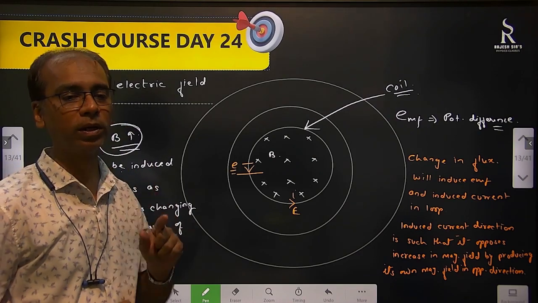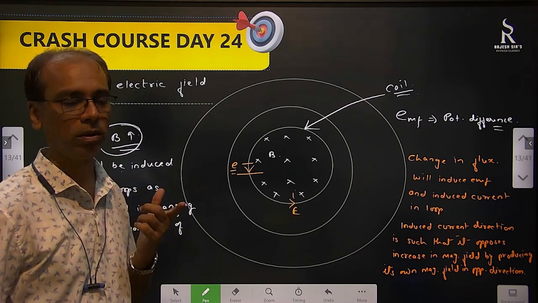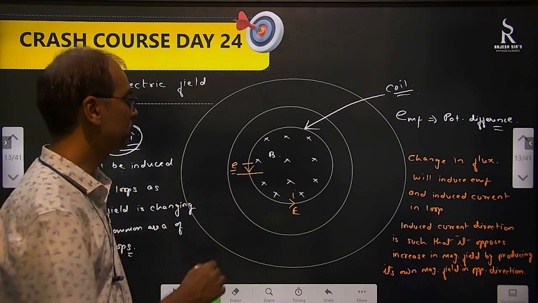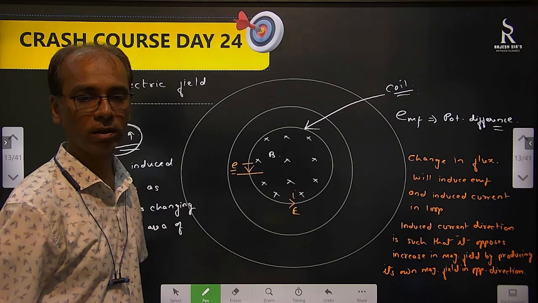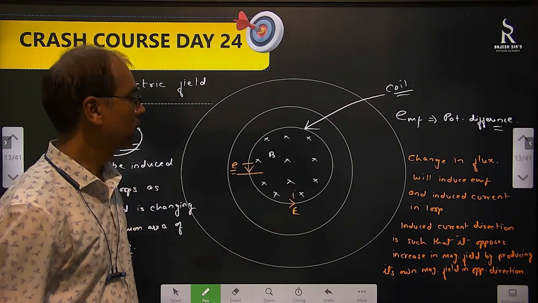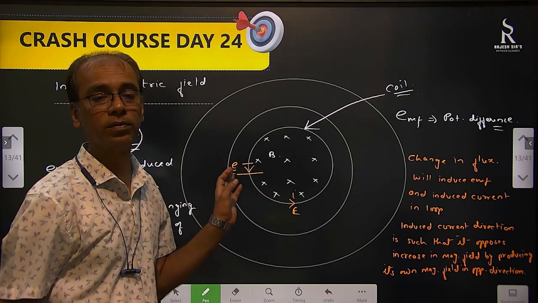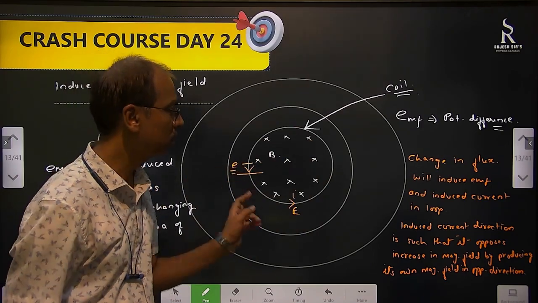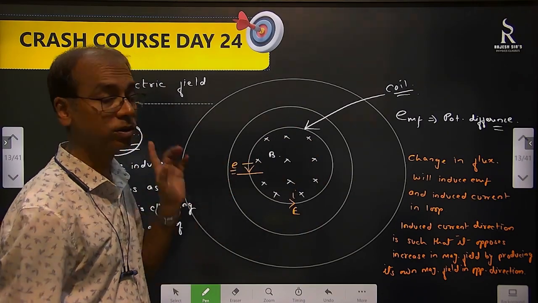In a loop, the work done by the electrostatic force is zero because the displacement is zero. Here it's not, because if an electron is moving from here to here, it has done the work Q delta V, where delta V is actually E here. So the work done is QE. It's not zero, whereas in the electrostatic field it was zero.